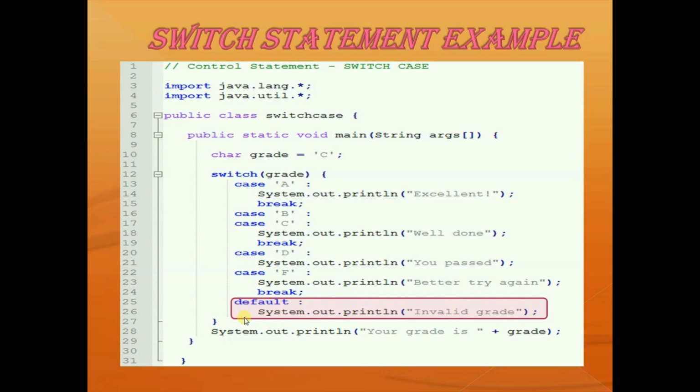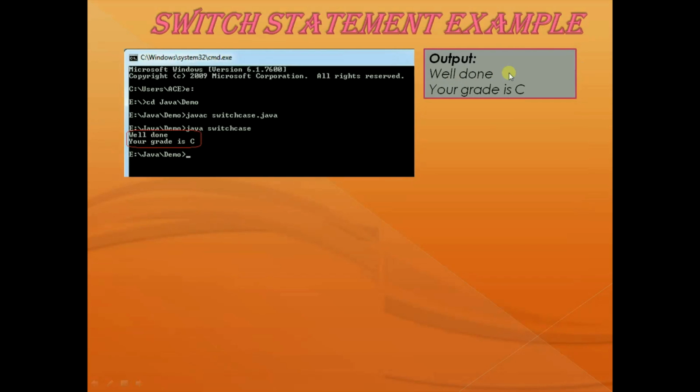This is done by the keyword default. For example, we can write "Invalid grade". So this is the program. Now we will compile the program and run it.